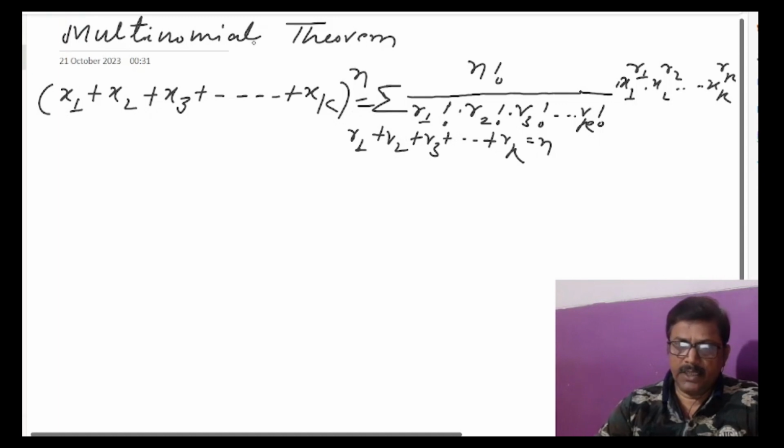So this is a formula and this formula is called multinomial theorem. Now question arises, how we open this right hand side, how we open this sigma.